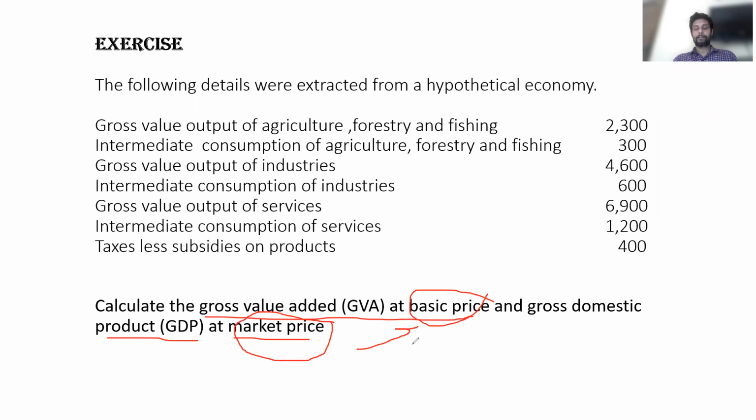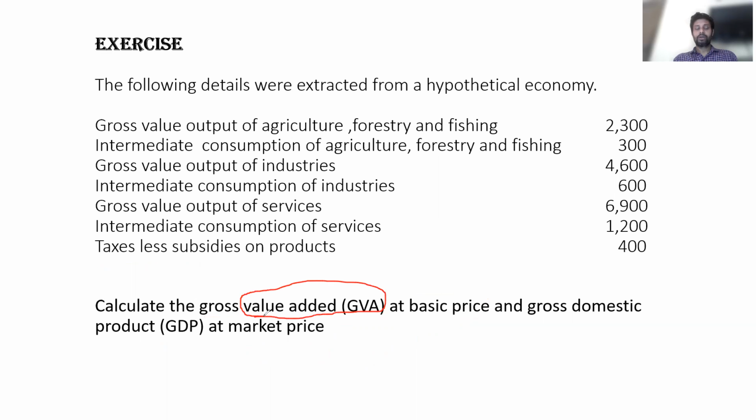So basic price and the market price, such a difference depends upon taxes less subsidies. I mean, at the market price, all the taxes are included while subsidies are excluded. So basic price can be converted into market price by considering taxes less subsidies on product. So we will consider how to calculate gross value added.